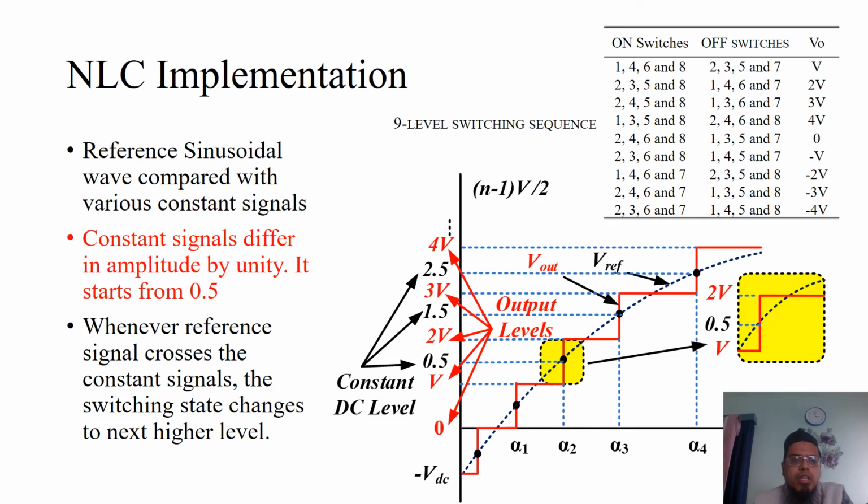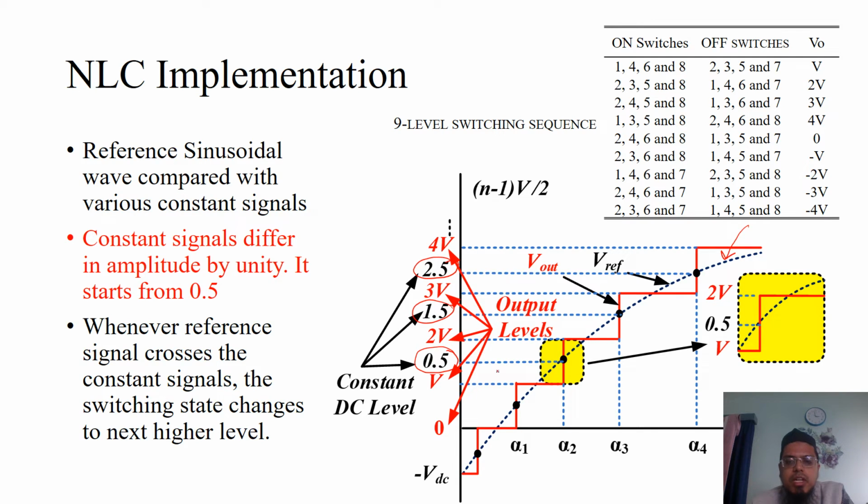control. Now coming to nearest level control implementation, let's see what happens in nearest level control. We have a reference sine wave here, and it is compared with constant voltages like 0.5, 1.5 and 2.5.